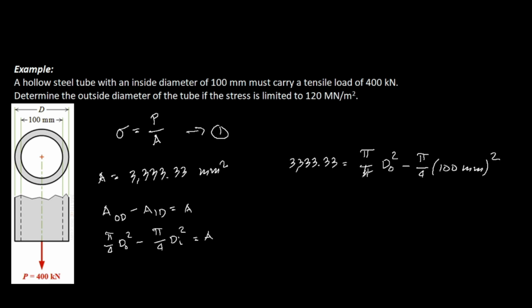Then we factor out pi over 4: pi over 4 times d outside squared minus 100 squared, equals 3333.33.